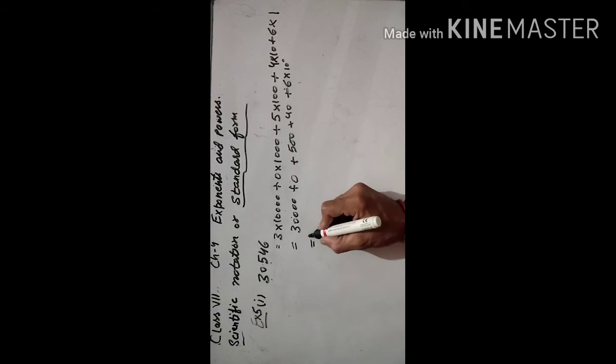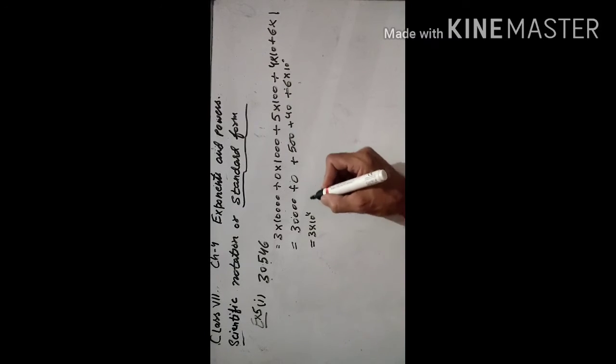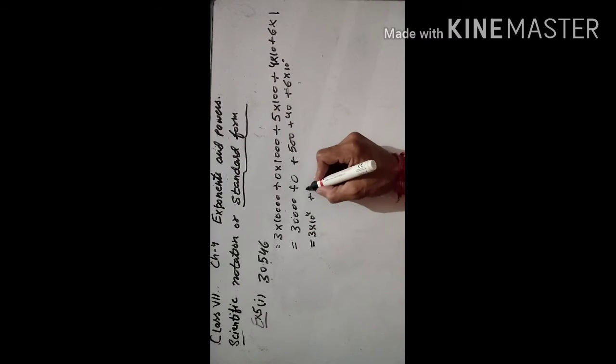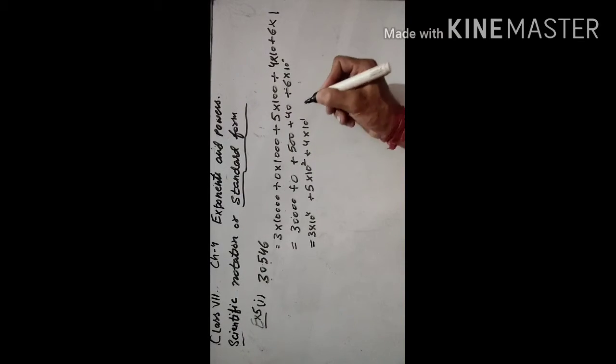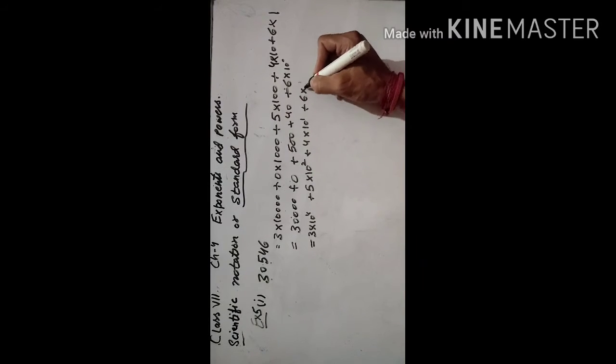So we can write it as 3 into 10 to the power 4 plus 5 into 10 to the power 2 plus 4 into 10 to the power 1 plus 6 into 10 to the power 0.